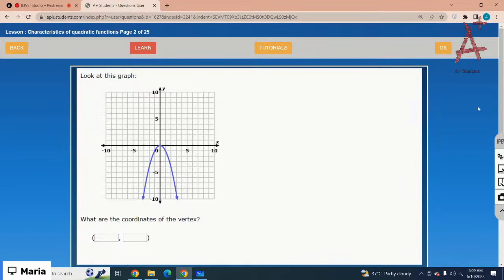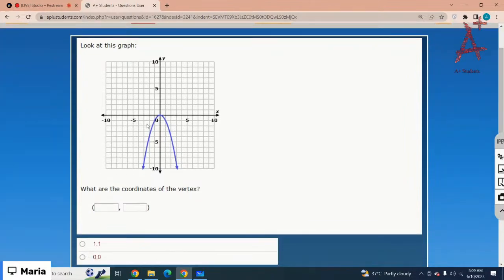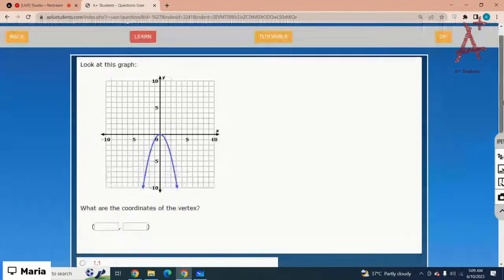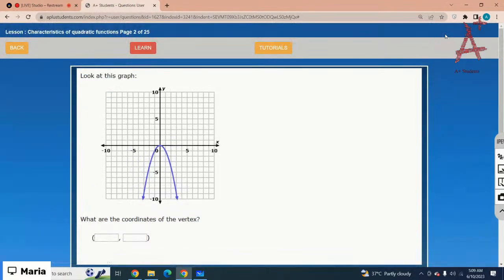You have to find the coordinates of the vertex. The parabola opens downward, so the highest point of the parabola is the vertex. So here the parabola is at the origin, so it would be (0, 0). The correct option is the second one.